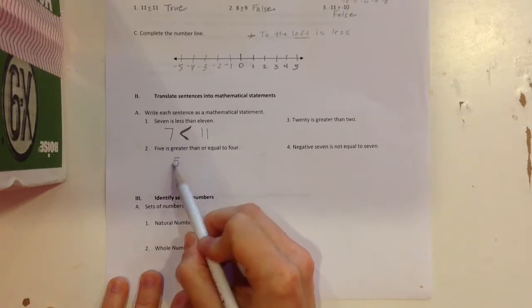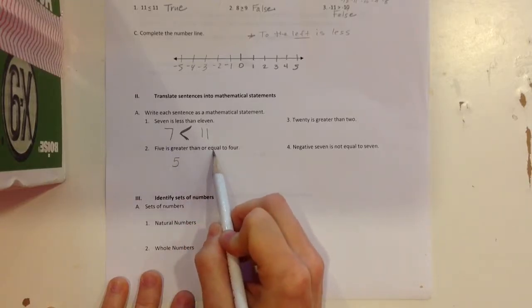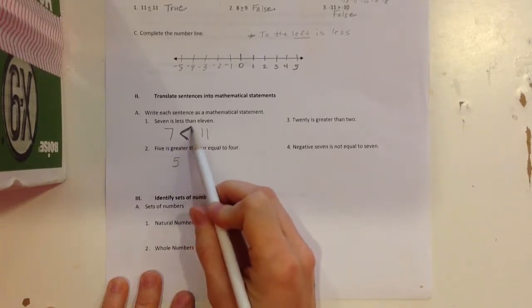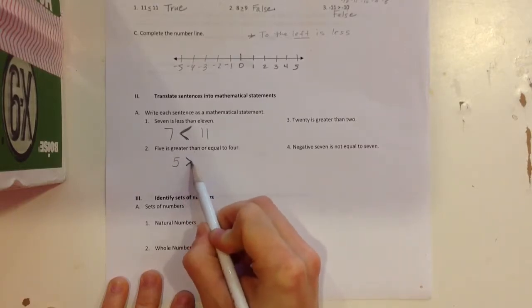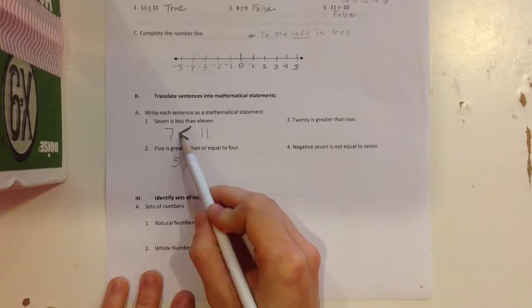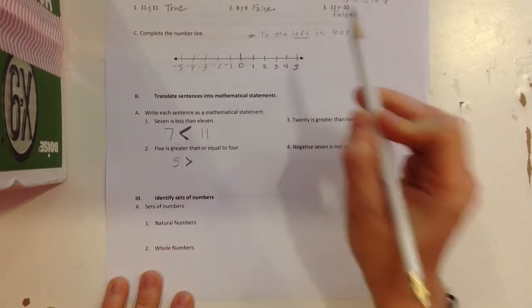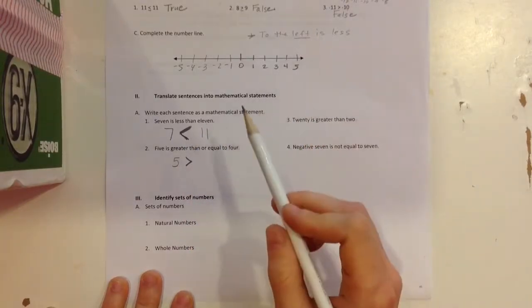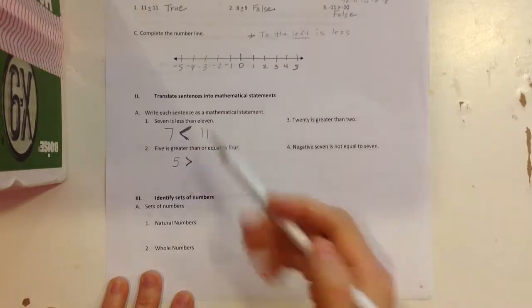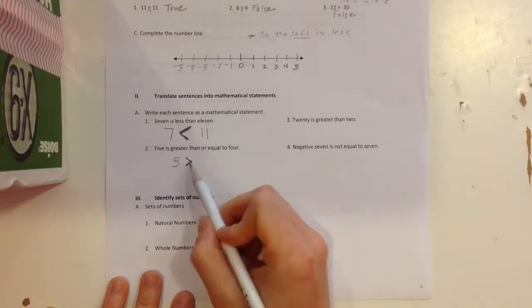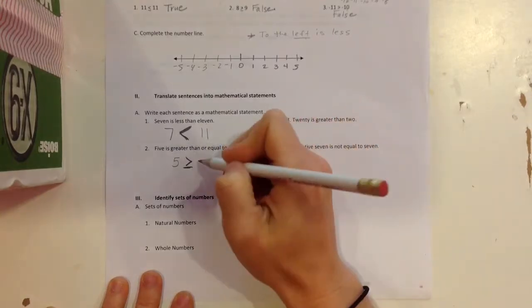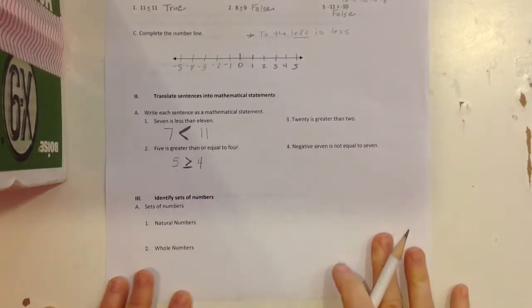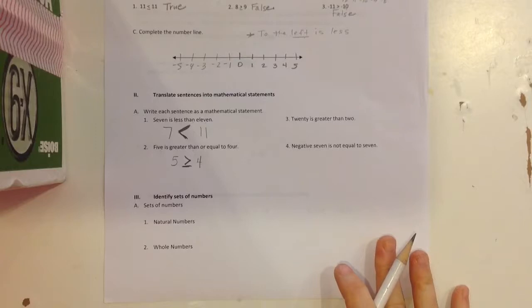5 is greater than or equal to. Now, if the L is less than, the other one is greater than. And remember, less than points to the left. Less than points to the left. L, either way. 5 is greater than or equal to, remember that or equal to has a line underneath it, 4. So 5 is greater than or equal to 4.